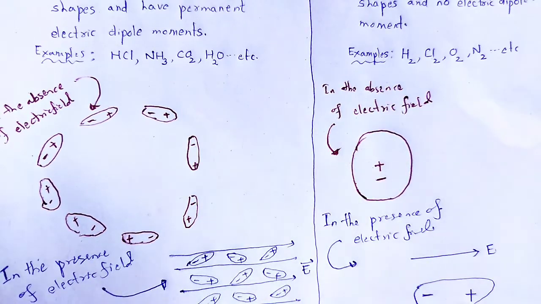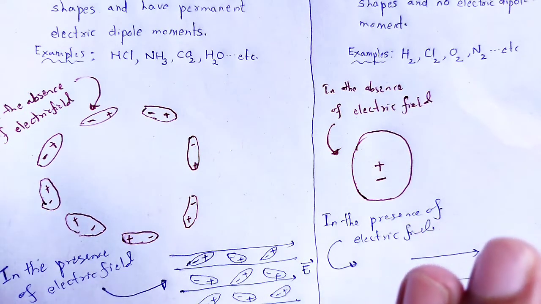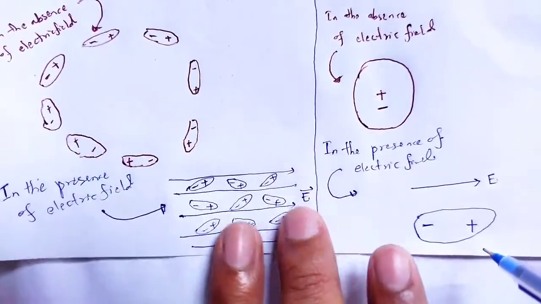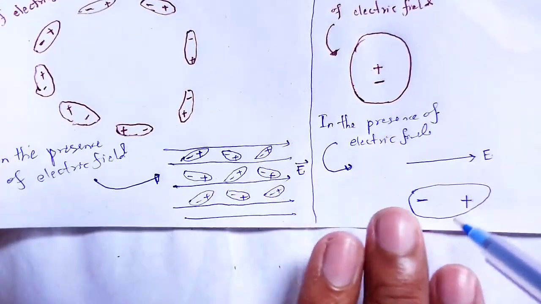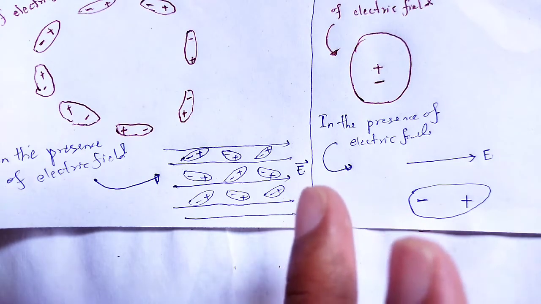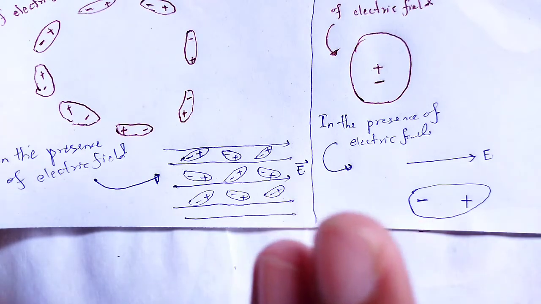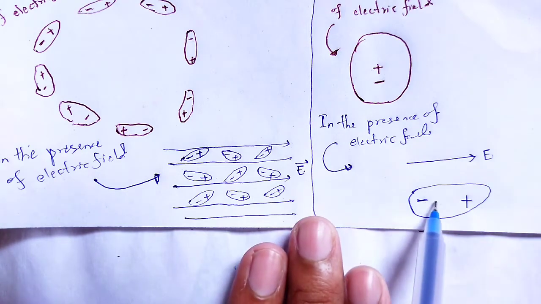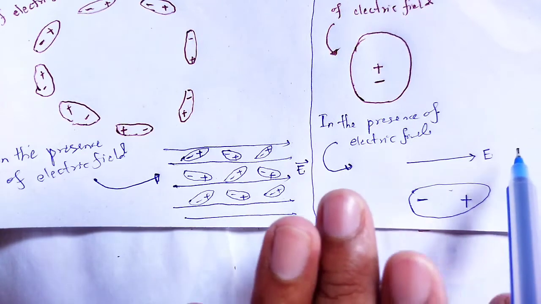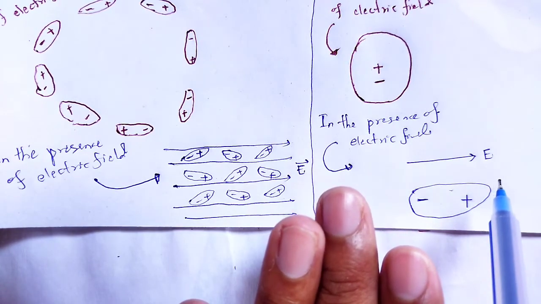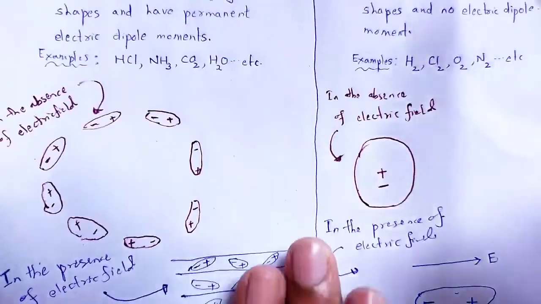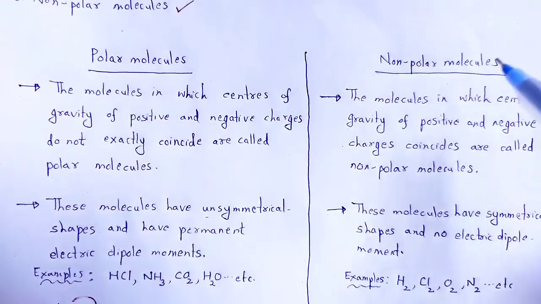That does not depend upon the polarity of the dielectric. The net electric dipole moment does not depend upon the polarity of the dielectric, and the molecules get aligned in the direction of the electric field, or the dielectric gets polarized. This is the case for non-polar molecules.